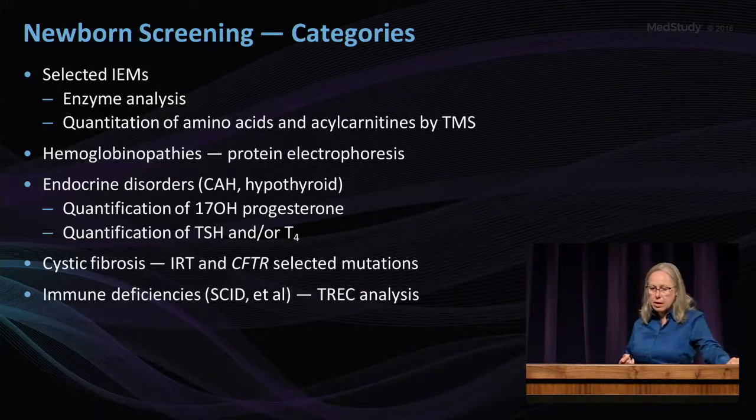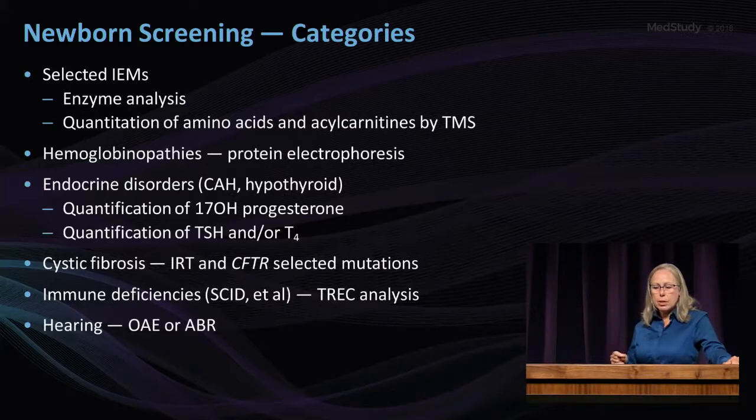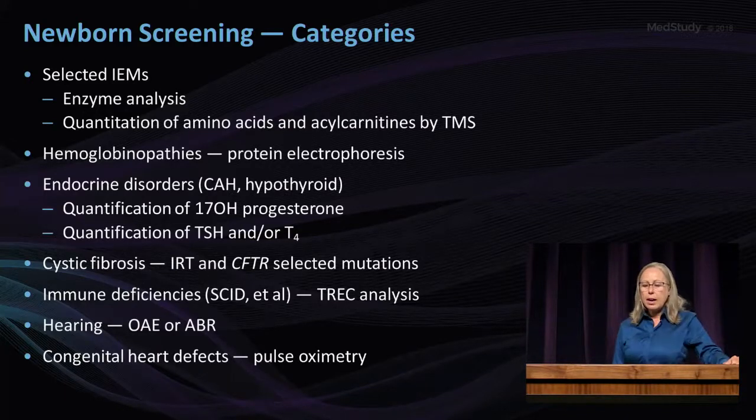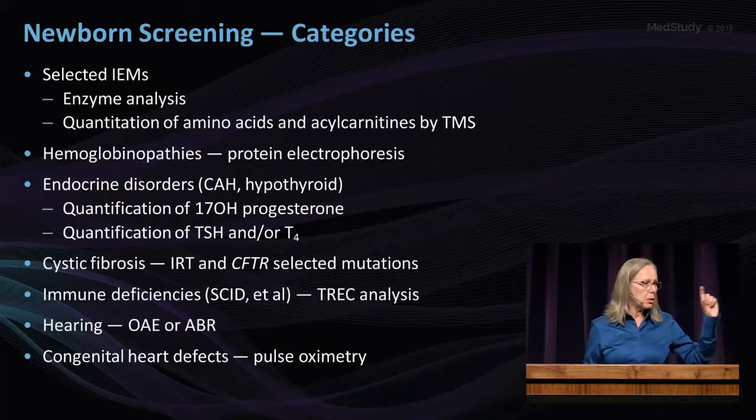Newest on the list are the immune deficiencies, looking for SCID with a TREC analysis, but again, you're going to start picking up some of the 22q deletions. We test for hearing with otoacoustic emissions or brainstem response. And many states have now formally added congenital heart defects with pulse oximetry. So it's more than just the blood spot card.